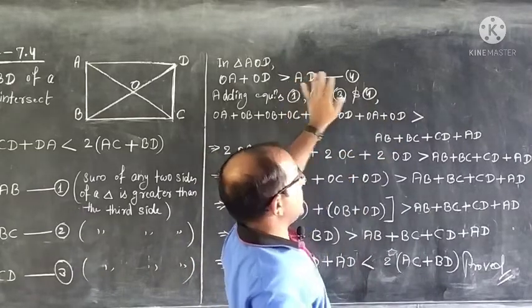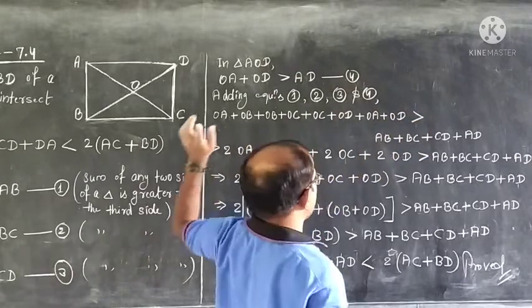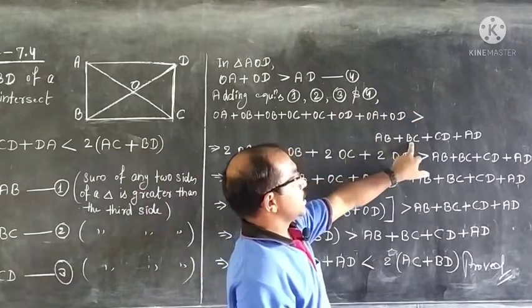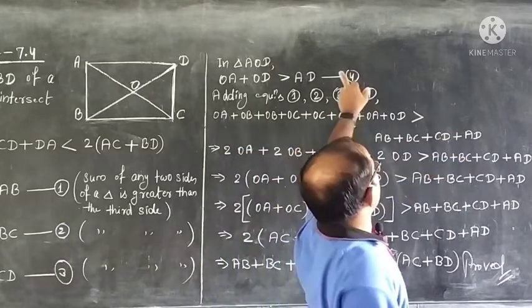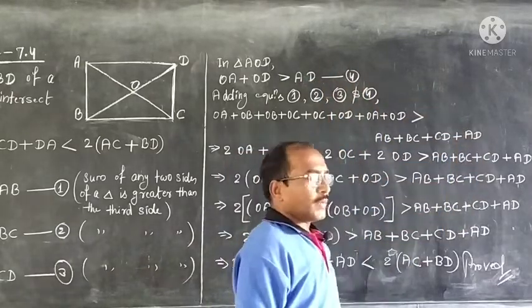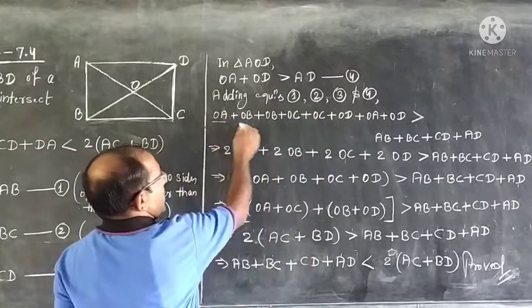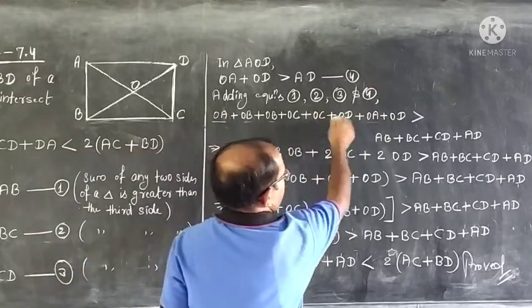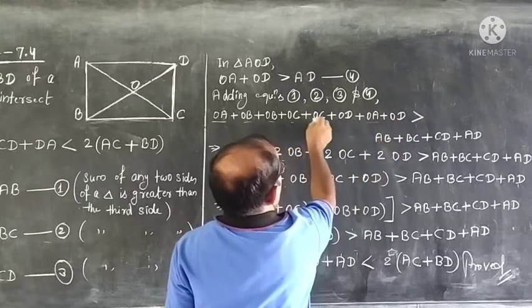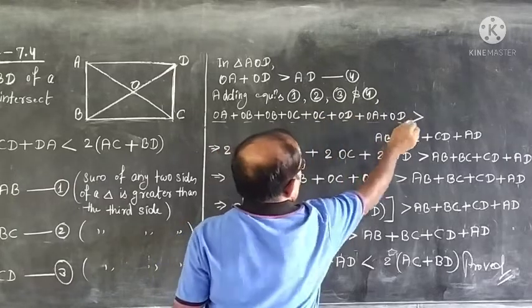The sign is greater than, and the RHS of the first equation AB, second equation BC, third equation CD and fourth equation AD. Then what we see? OA, OA, 2 OA; OB, OB, 2 OB; OC, OC, 2 OC; OD, OD, 2 OD.